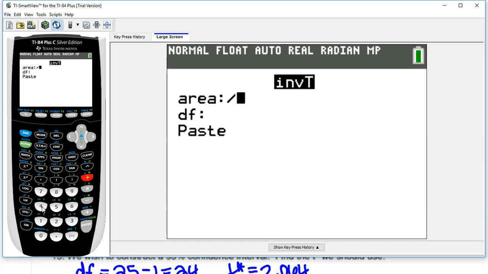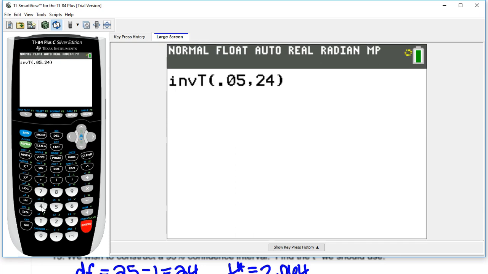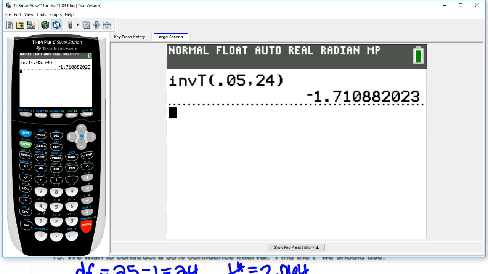With the area, you put the area to the left. So if we're doing this 90% one, like we did already, we would put 0.05. Oops, don't put that slash. And then your df is your sample size minus 1. So the first question, 12a, asks for n equals 25, so we would put 24. And remember, this will always get us a negative, and we always write the positive version.